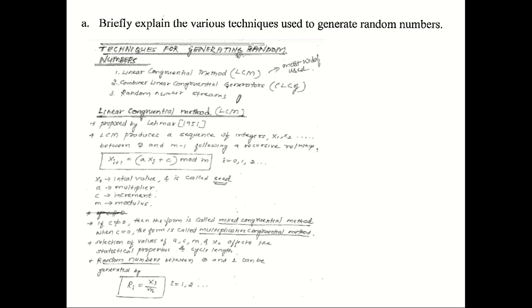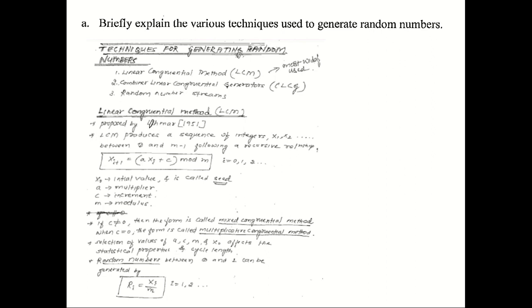Yes, these are the three different types of random number generation techniques. So let us see what is meant by the linear congruential method.